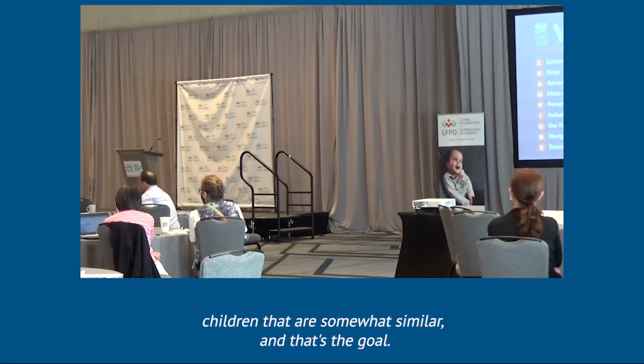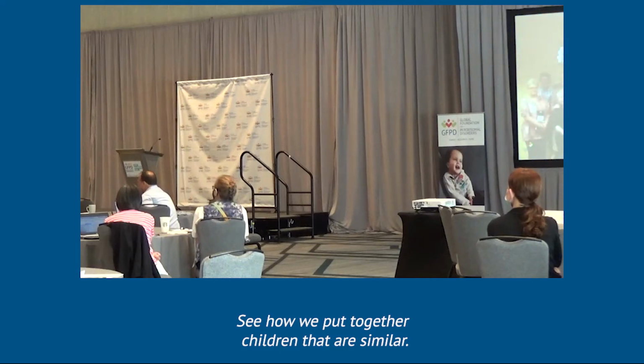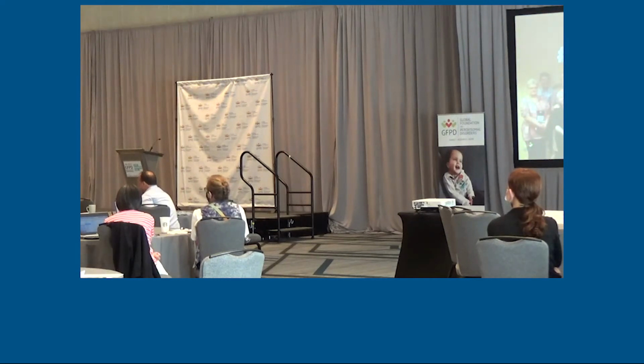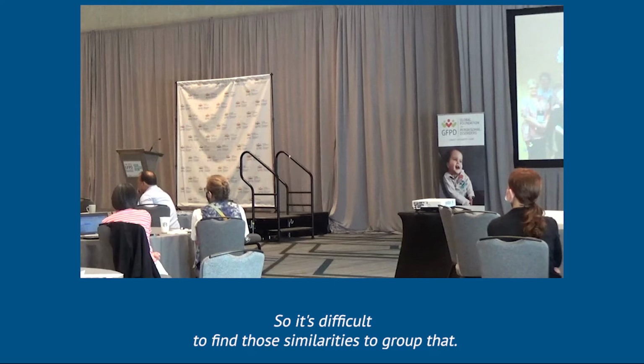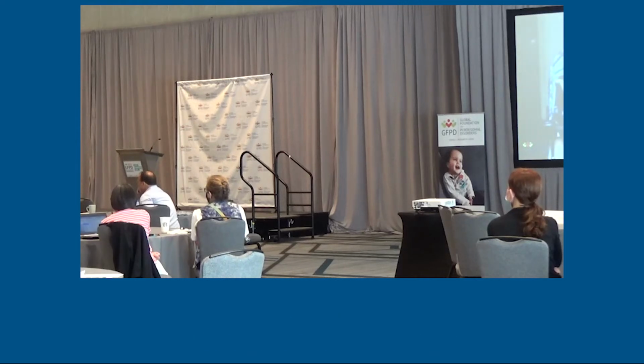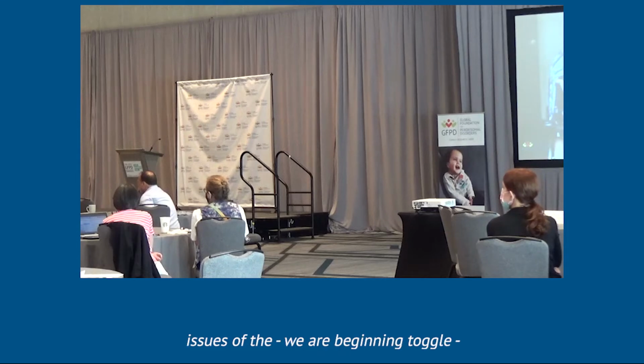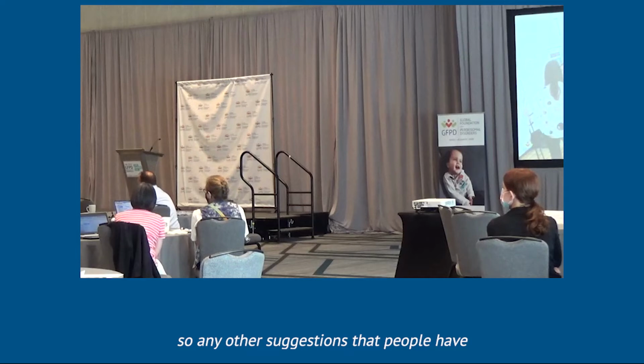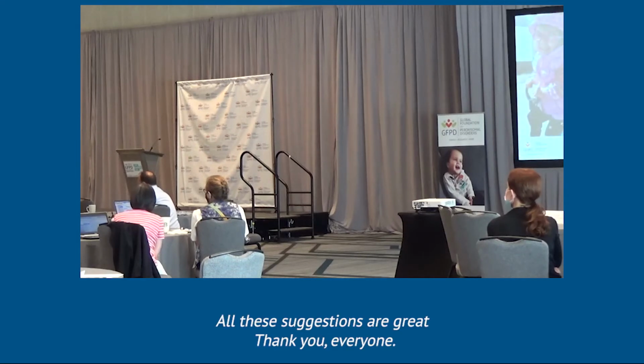And that's one of the goals here. How do we put together children that are somewhat similar when we have so much difficulty finding those similarities to group them? So these are really, really important issues. We are beginning to tackle it, but really any suggestions that people have would be useful. All these suggestions are great.